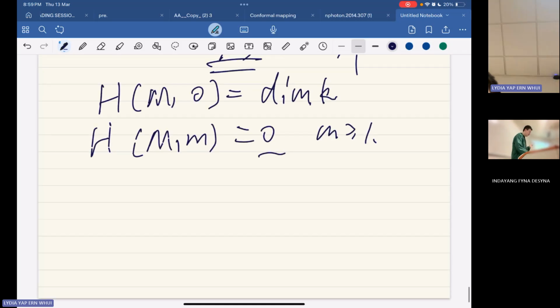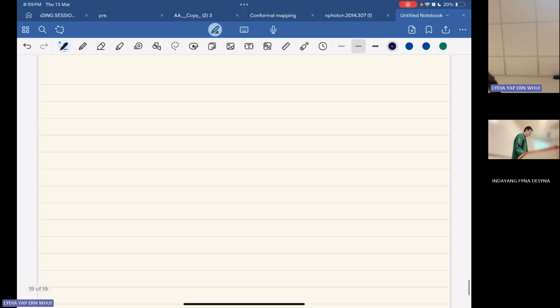We find that this is very basic. But then let's go through the induction step. In this whole induction step, let's consider a map.